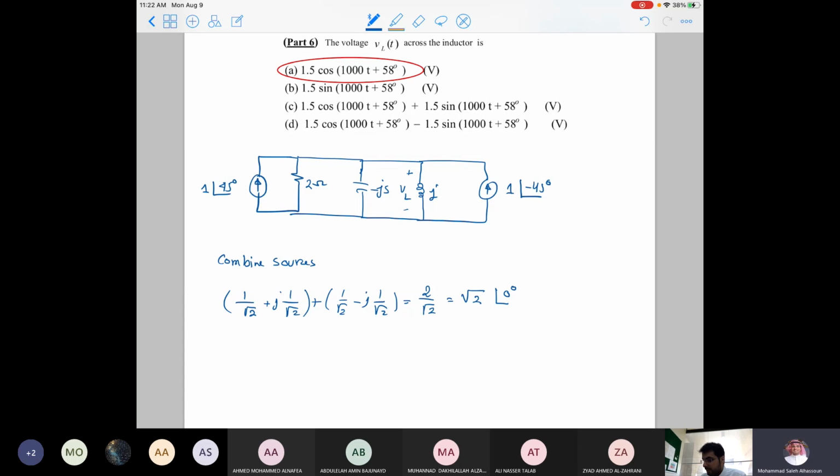So the equivalent impedance is going to be... and if you solve for it, you'll get 106.58.